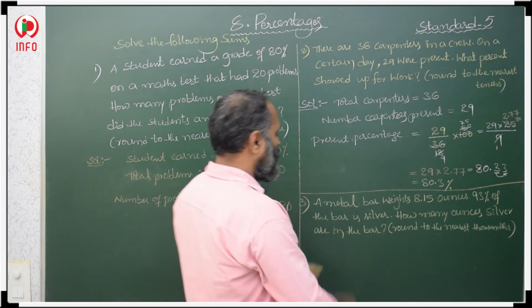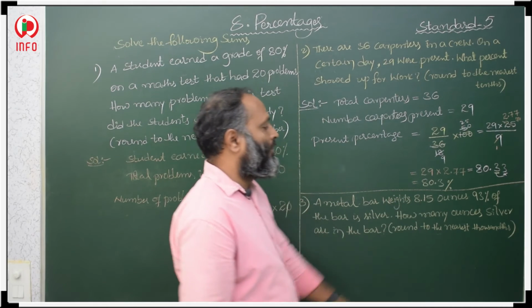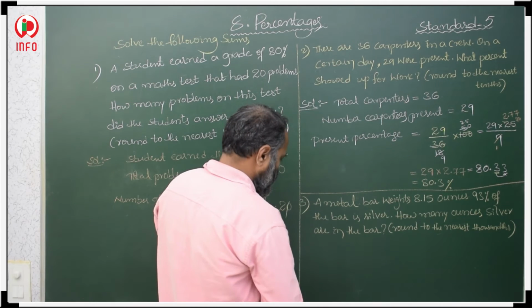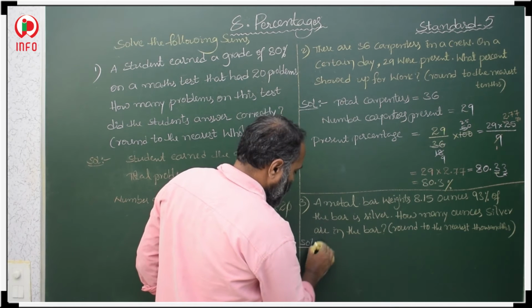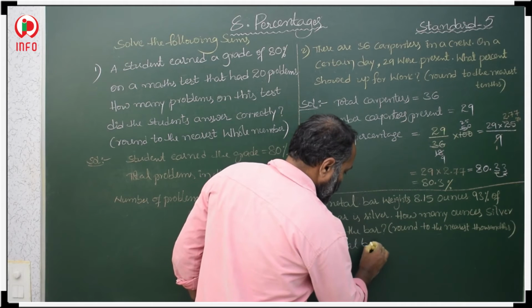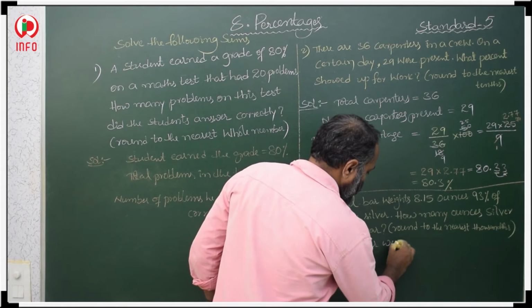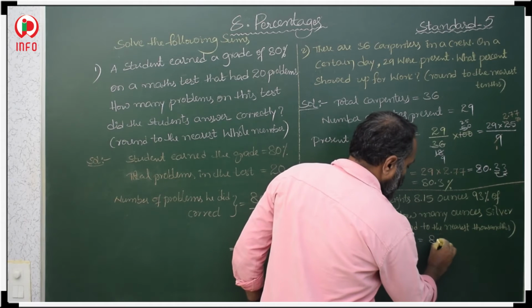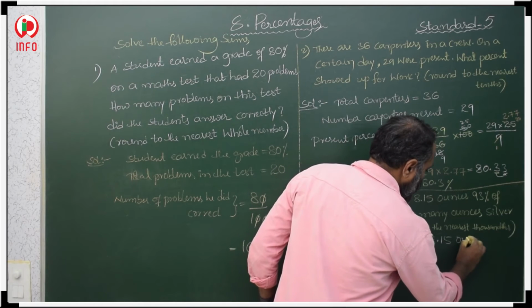So what is the metal bar weight? 8.15 ounce.